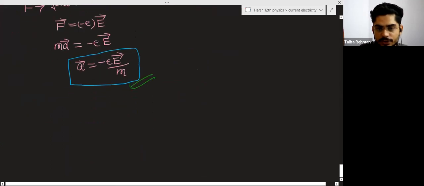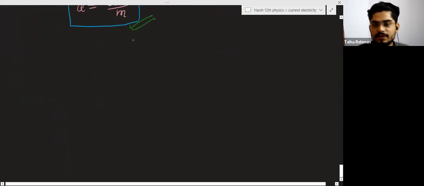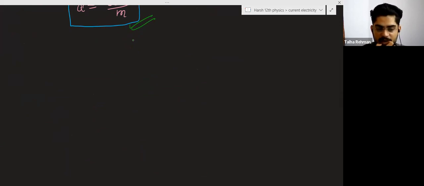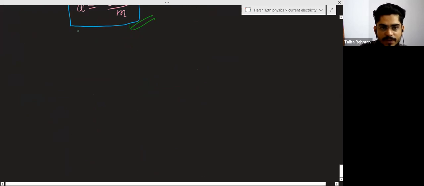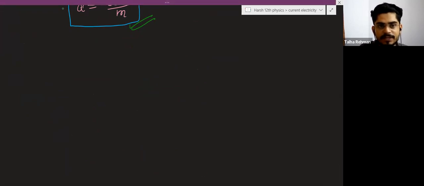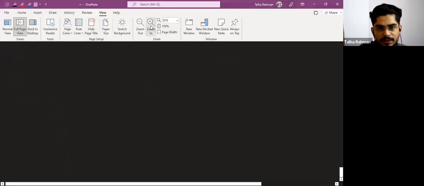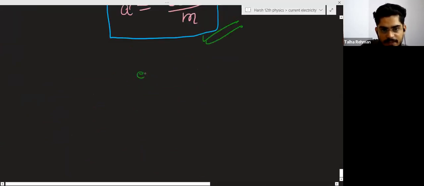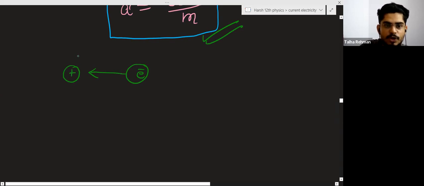I have also told you that in a conductor, along with the electrons, there are positively charged ions also. So what will happen? Now the electron will have acceleration, but when this electron moves in this direction, it will collide with a positively charged ion.